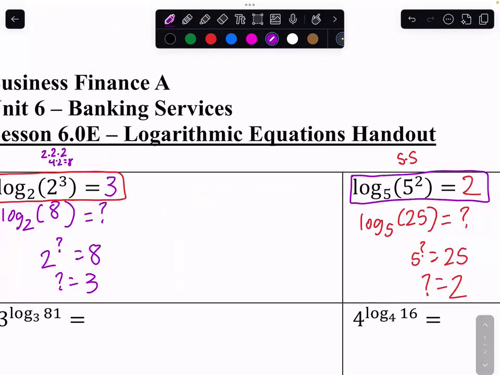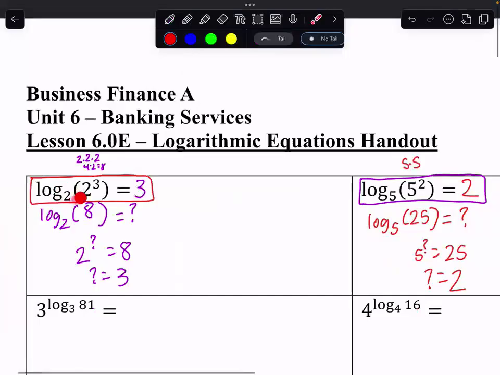I put these two problems in here because I want us to notice a pattern. If you look back at that first problem, ignore the work, just look at the original problem and our final answer. We had log base 2 of 2 to the power of 3 simplifies down to 3. And over here, log base 5 of 5 to the power of 2 simplifies all the way down to 2.